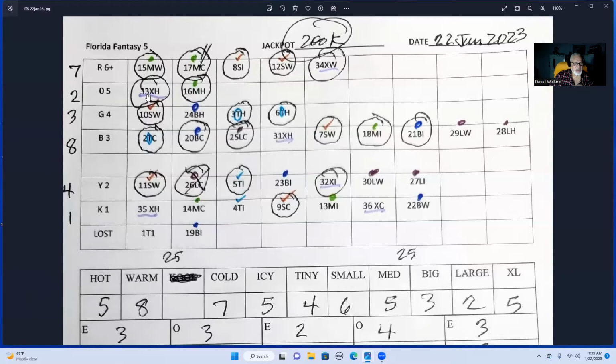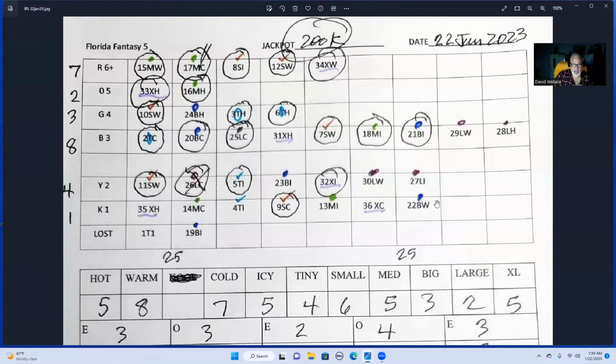Right below that, we have numbers that appeared 5 times, then 4 times, then 3 times. This group right here, numbers that appeared 3 times in the last 20, is normally the largest category, okay? Then numbers that repeated at least twice, and numbers that appeared only once.